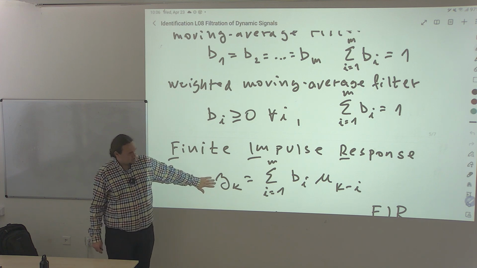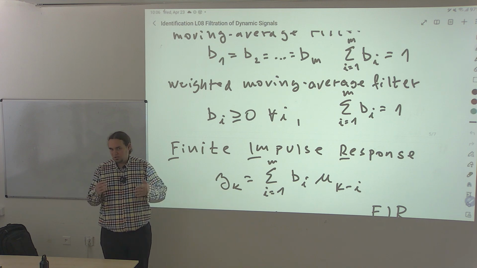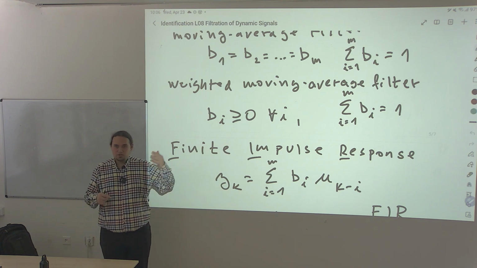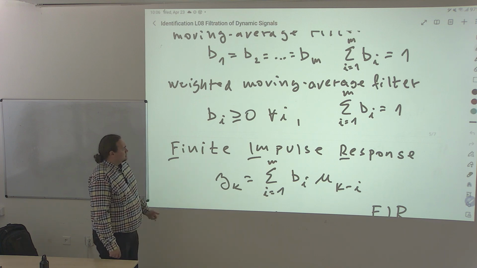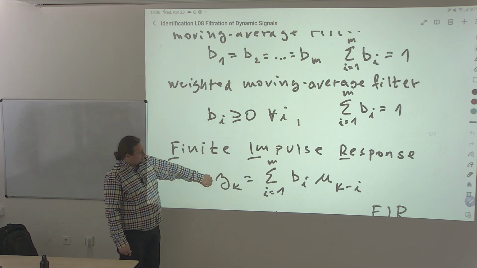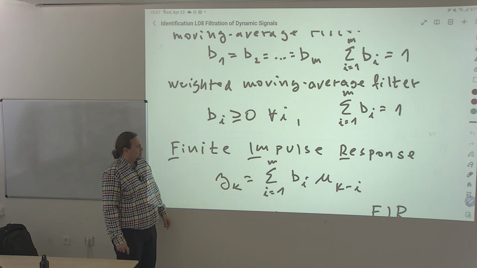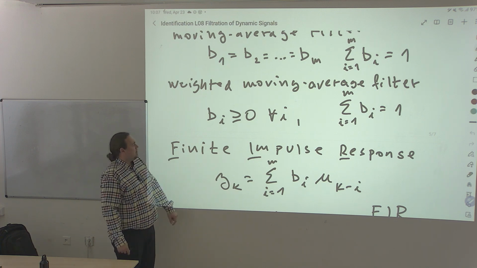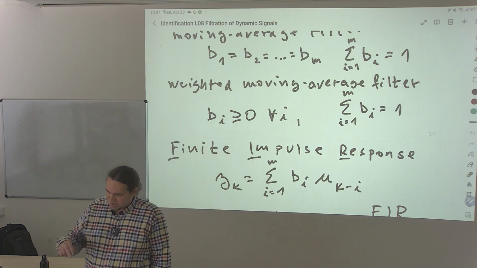We basically established this equation just by looking at the moving weighted average, and this type of model is one of the first models one can try in the identification of dynamic systems.